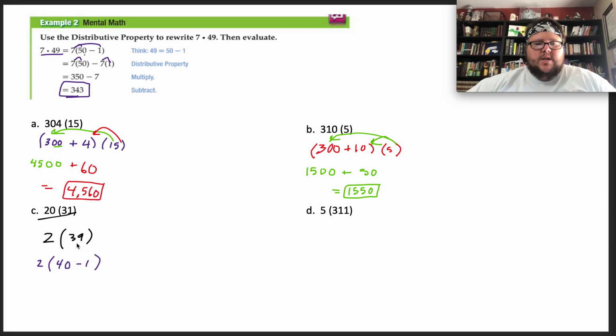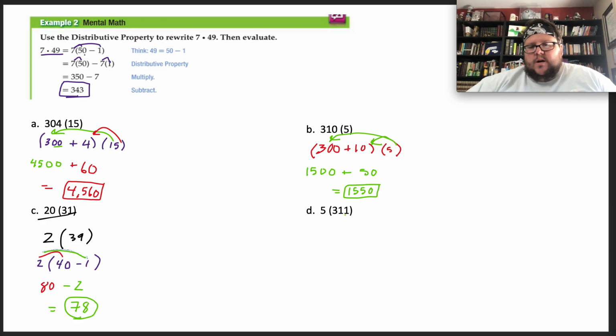So if you notice, 39 is 40 minus 1. So now I can distribute the 2 in. 2 times 40, well, 2 times 4 is 8. Add the 0, so that becomes 80. And then I'm going to distribute the 2 into the 1. 2 times 1 is 2, so minus 2. And what is 80 minus 2? It's 78.